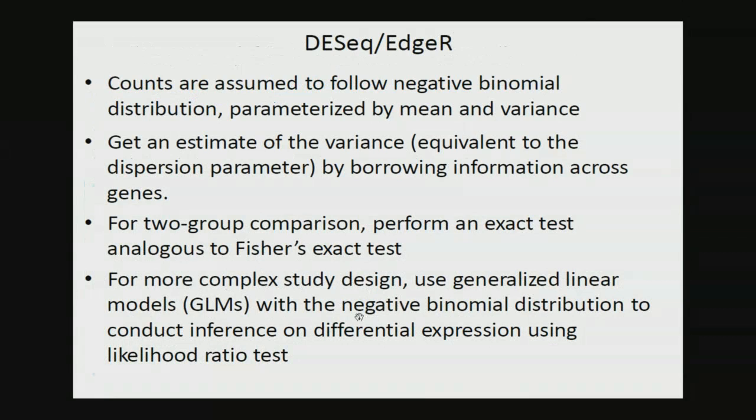But it's not based on the Gaussian distribution, it's based on the negative binomial distribution. And for differential expression comparison, it would be based on a likelihood ratio test, because you can construct a likelihood function.